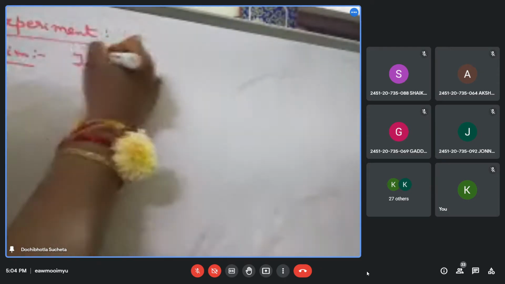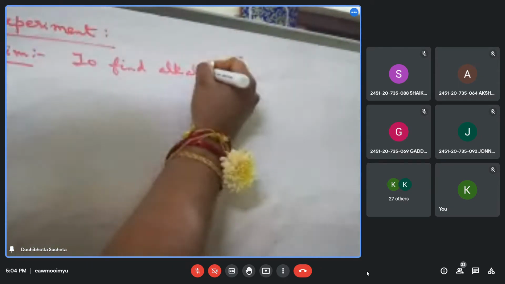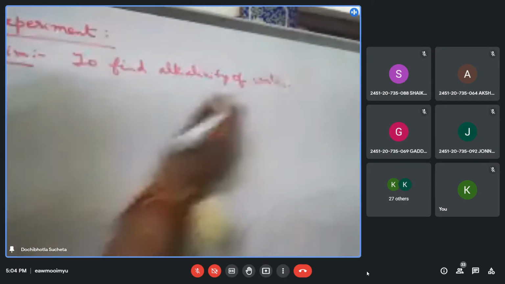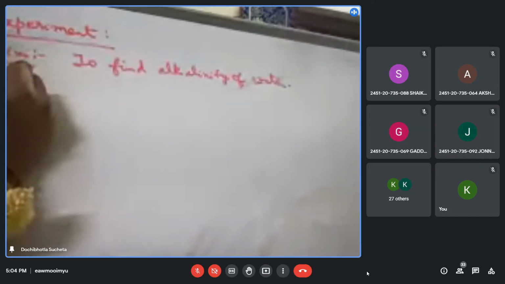To find the alkalinity of water. What are the chemicals required?